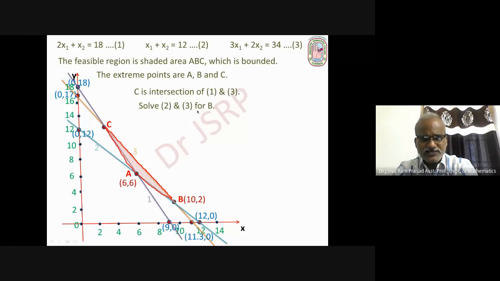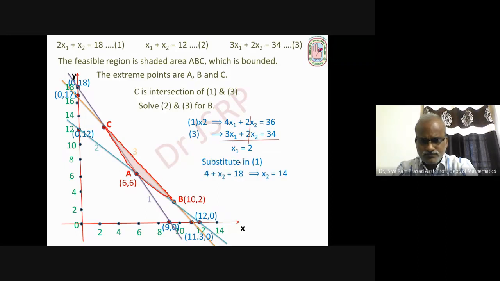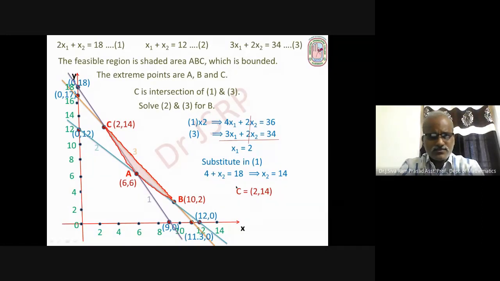Solve 1 and 3 for C. I skip this. So C is 2 comma 14. You try later. Leave the gap and do the work.